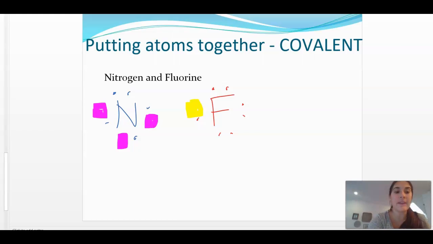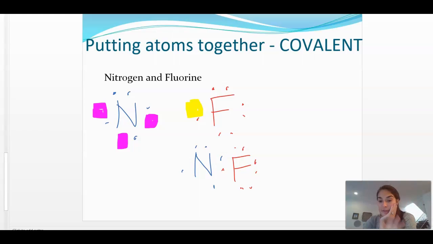It's easy to see how, if you took that nitrogen, which had those 3 empty spots, one fluorine could pop in right here. Now that fluorine is happy, but the nitrogen is still not. These are like little puzzles you have to figure out. Nitrogen still has 2 empty spots, and the only atoms involved are nitrogens and fluorines.